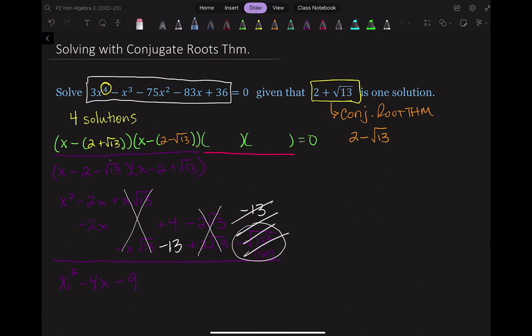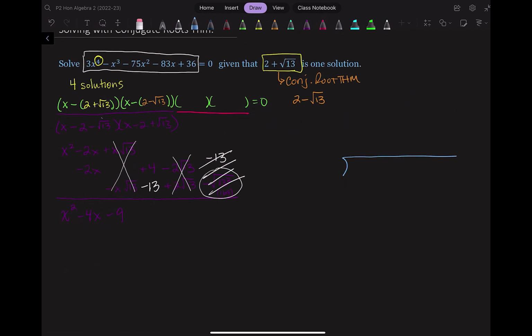So I'm going to try to write it out that way. If I divide my original problem, 3x to the fourth minus x cubed minus 75x squared minus 83x plus 36 by x squared minus 4x minus 9, then whatever I get is going to have an x squared in it.